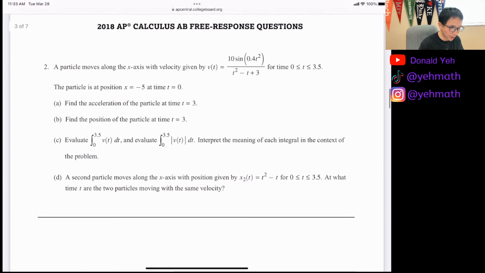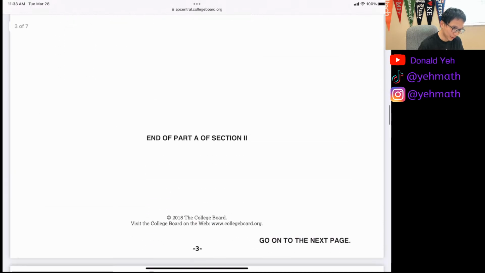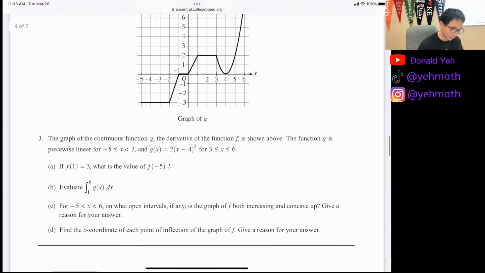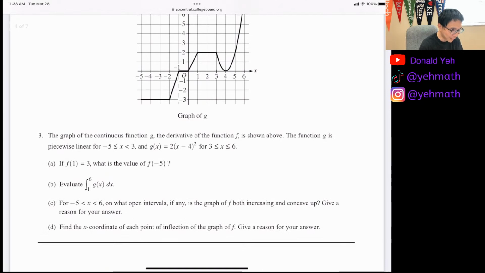This is the second question: velocity and acceleration, particle motion, acceleration, position, total distance, and whether it's speeding up or slowing down. This question is the FTC.